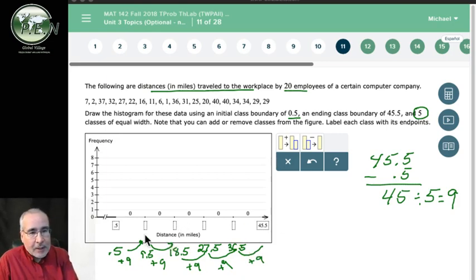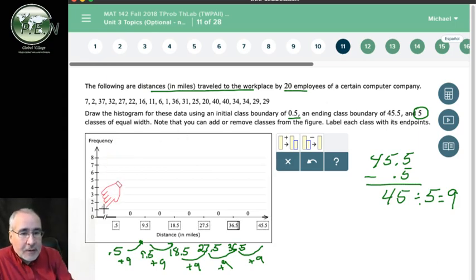So let's go ahead and put in our classes. This is the first part of the problem: 9.5, 18.5, 27.5, and 36.5. Now we need to figure out the frequencies for each of these classes, how much is in each. That's the tedious counting game that we have to be very careful about to make sure we get everything included.